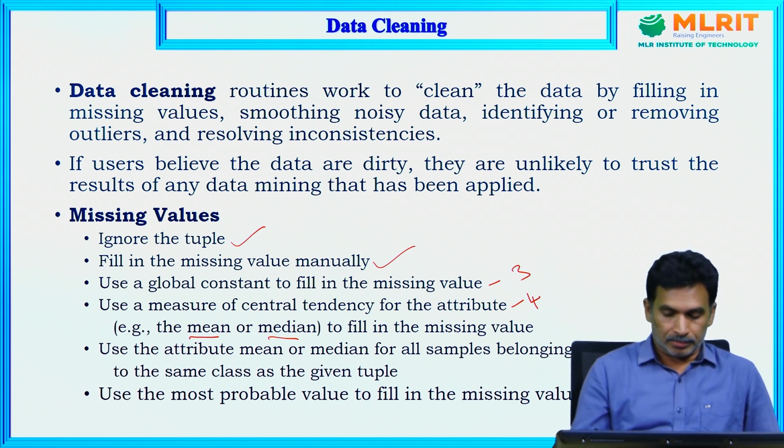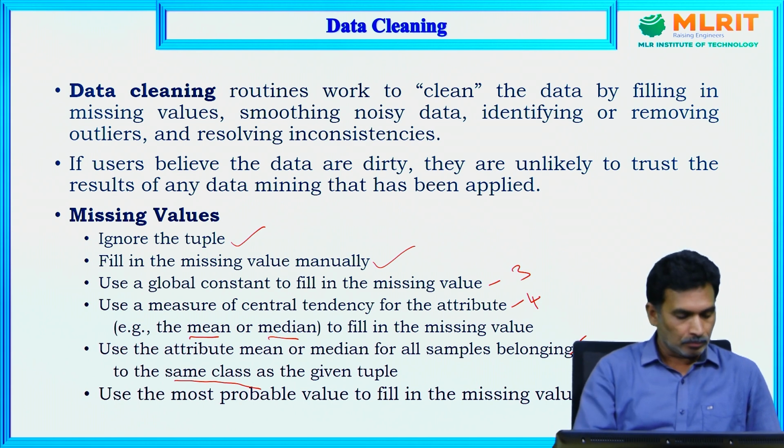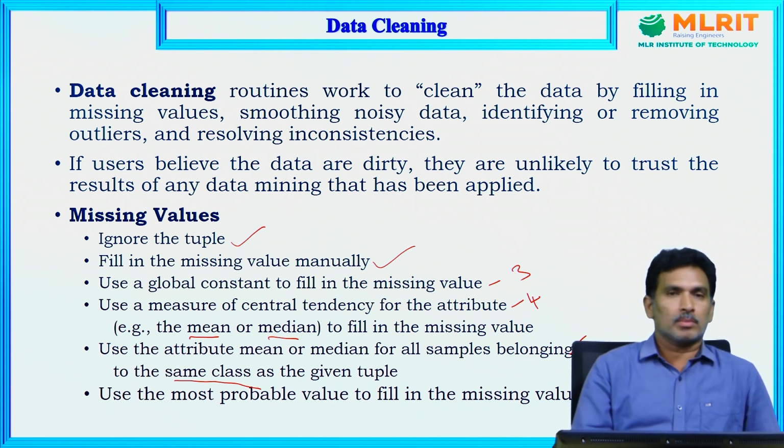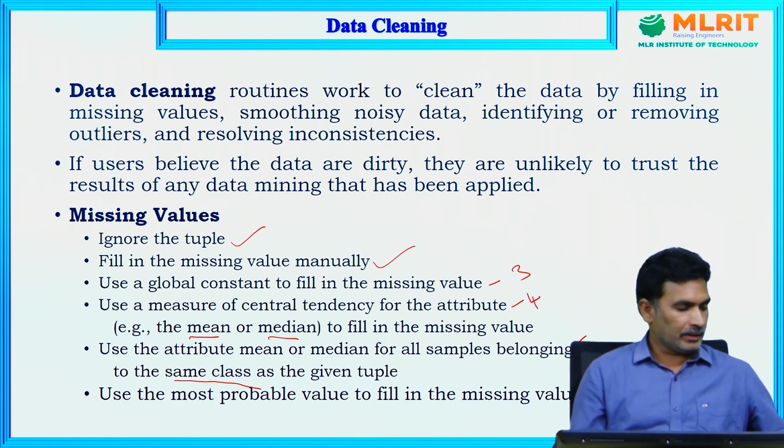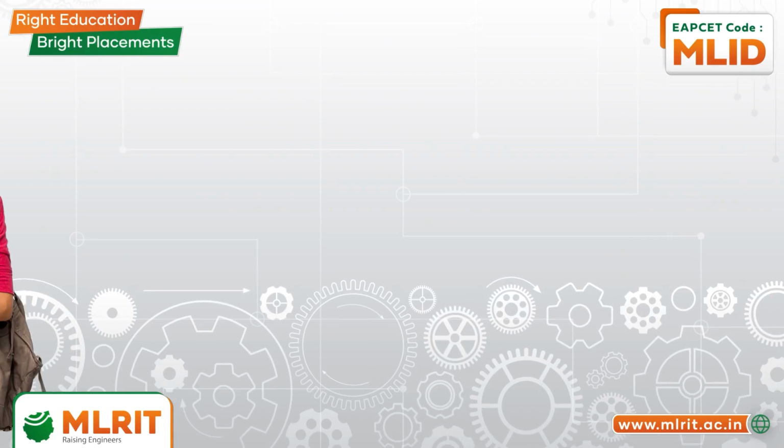For the fifth method, we use the attribute mean or median for samples belonging to the same class. And the sixth one is, we use the most probable value to fill in the missing values. So in this lecture, we are going to discuss in detail all these 6 methods. Let us see them one by one.